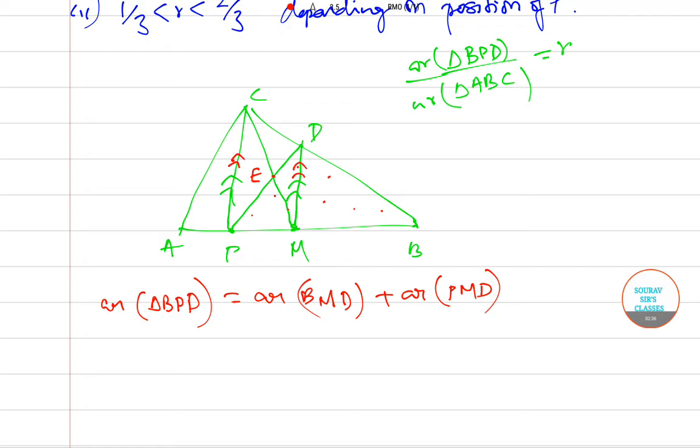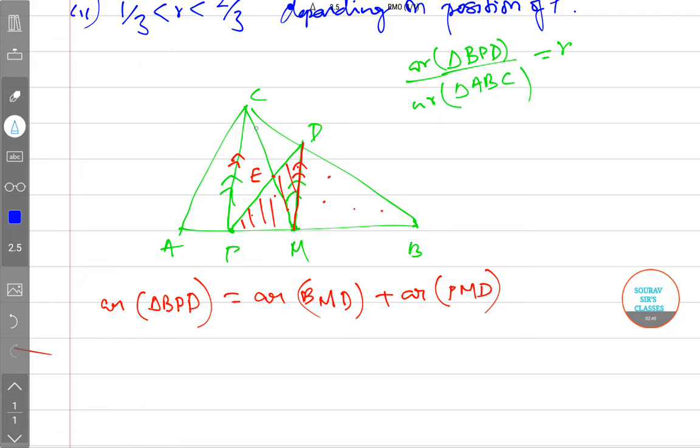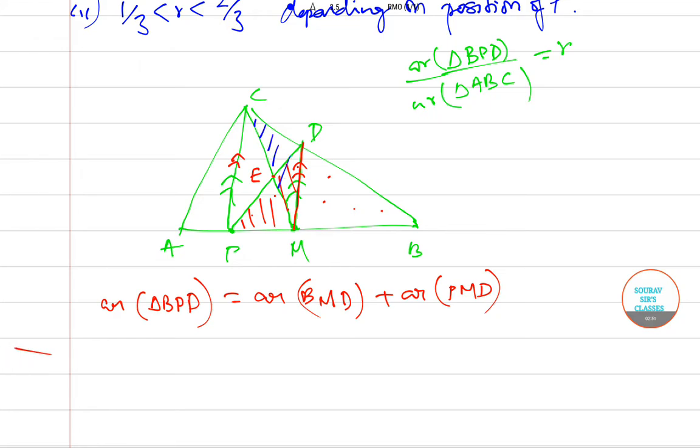So we will take MD as the common base. If MD is your common base, then this triangle and this triangle have equal area since they are on the same base. MD is the same base, and this is one triangle CDM, and this is the other triangle, PMD.